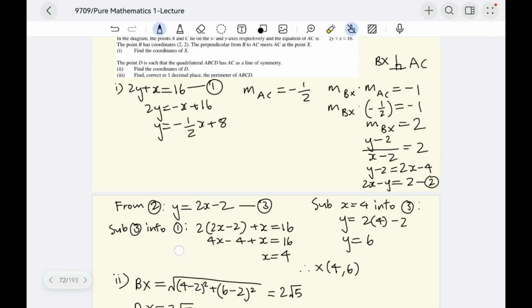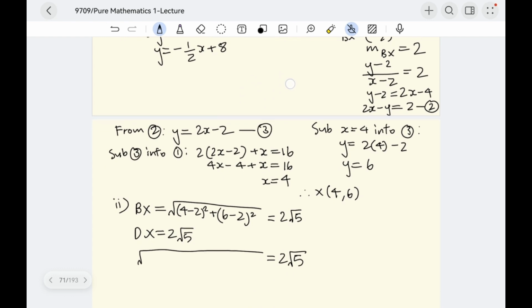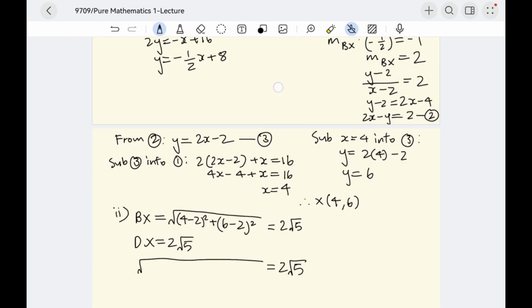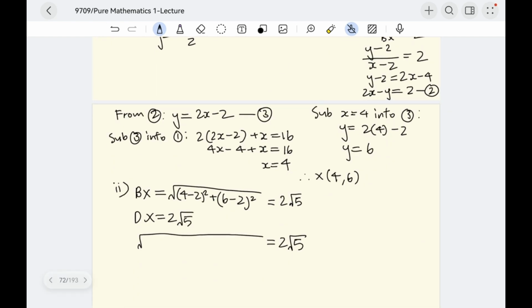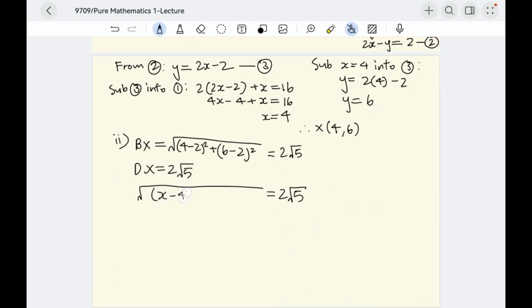As you can see, if you use the distance formula, you will form an equation of a circle, right? So let's say here is a point D. Sorry, it's point X. So I have (x minus 4) squared plus (y minus 6) squared. In the end you have to take the square at both sides, so I have square root of 20 becoming 20.